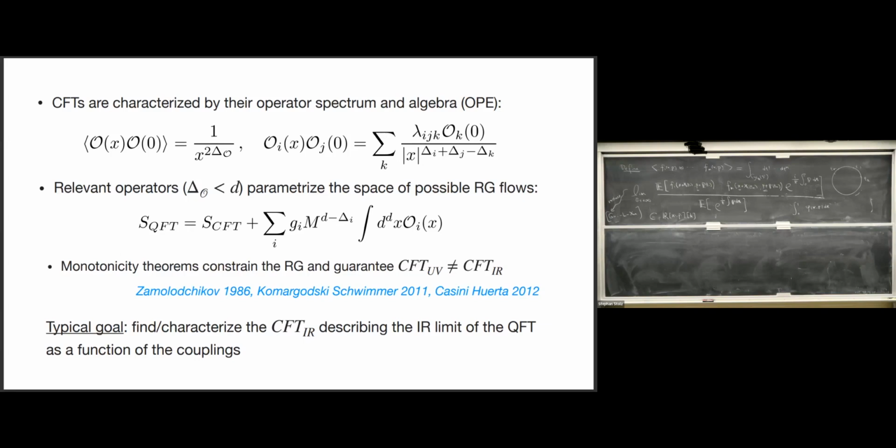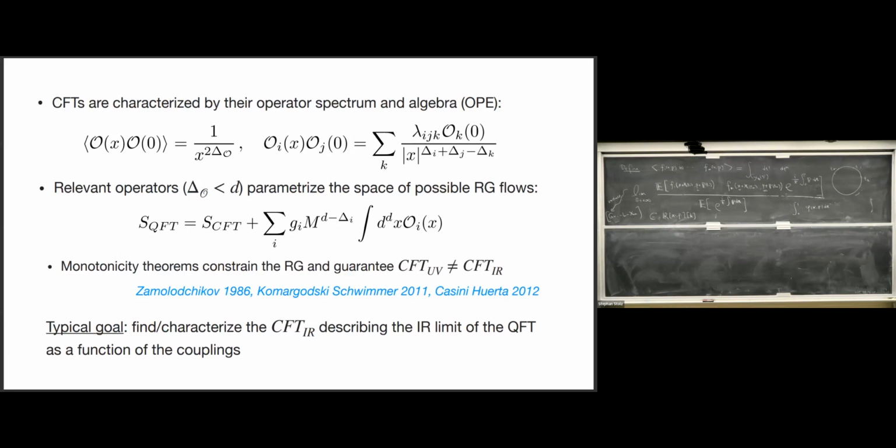And we also have many examples of monotonicity theorems that in general constrain the RG flow and guarantee that in some cases the conformal field theory that arises in the infrared is different from the conformal field theory in the UV. So for example, I wrote a few examples here. The c-theorem: there is the central charge c in 2 dimensions, and under RG flow we know that the c in the UV must be larger or equal to the c in the IR.